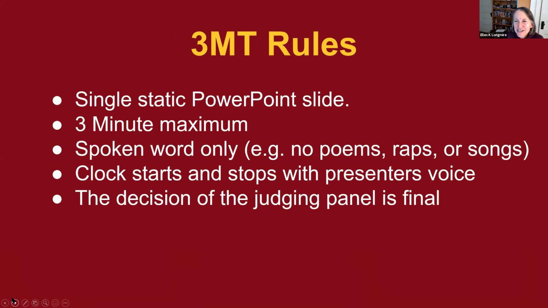Okay, first I need to state the rules of the competition, and that is students are allowed a single static PowerPoint slide. They have 3 minutes to present. There's a limitation that this should be spoken word only, no singing, rapping, no poems.